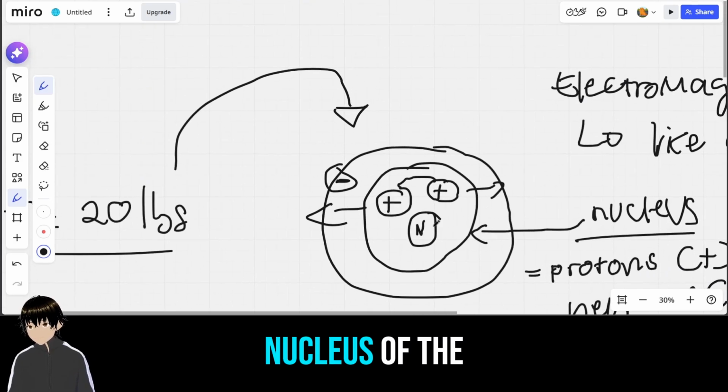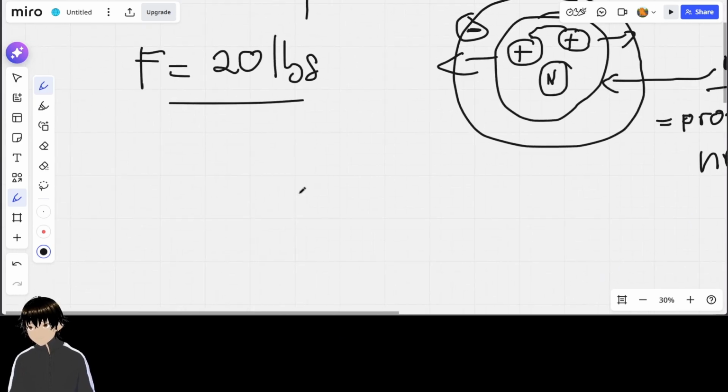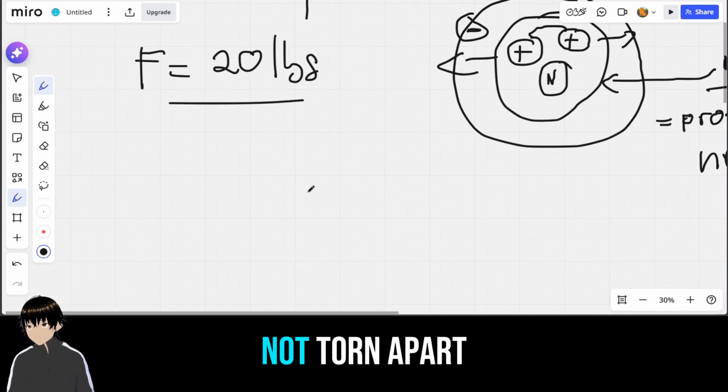How is the nucleus of the atom not destroyed yet or not torn apart yet?